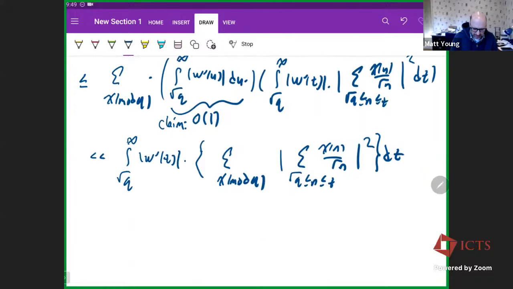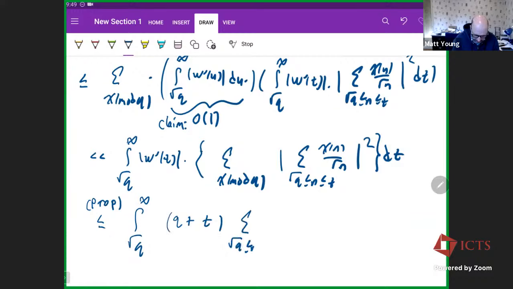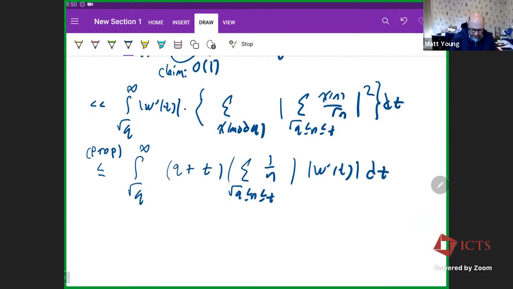Now the thing in the curly brackets we can use our proposition for. So this is bounded by q plus t times the sum of 1 over n, and then I've got my w prime of t dt.